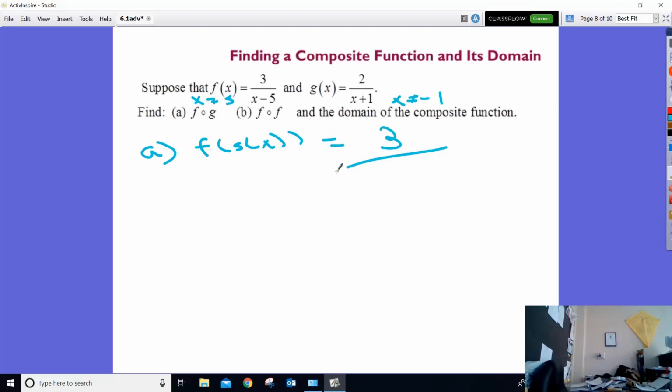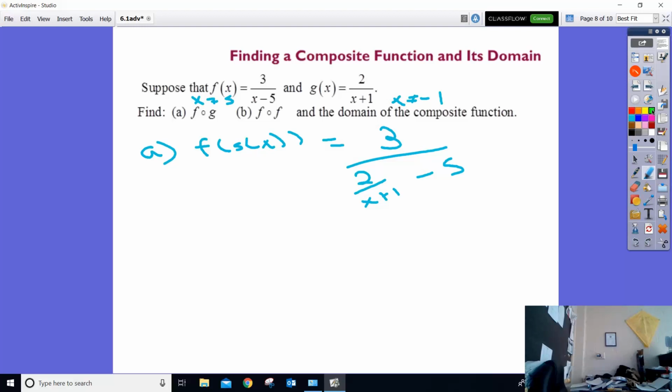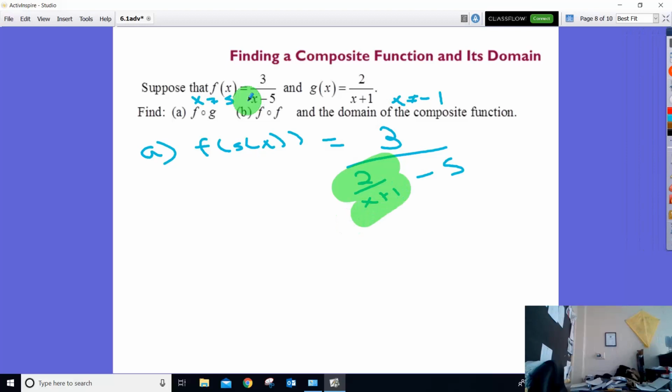So 3 over, there's x, 2 over x plus 1, and then minus the 5. You see what happened? That's not what I want to do. All of that. Right there.